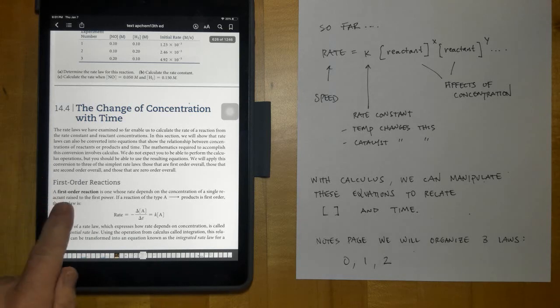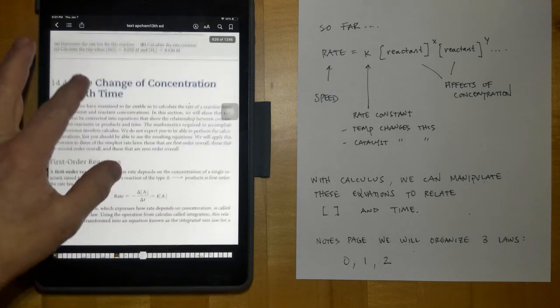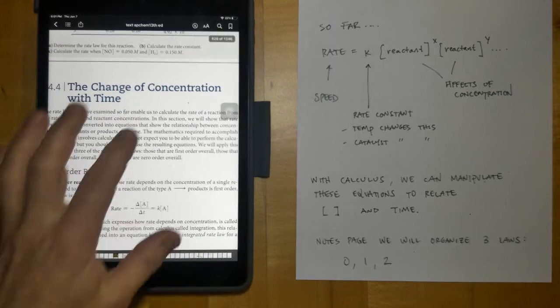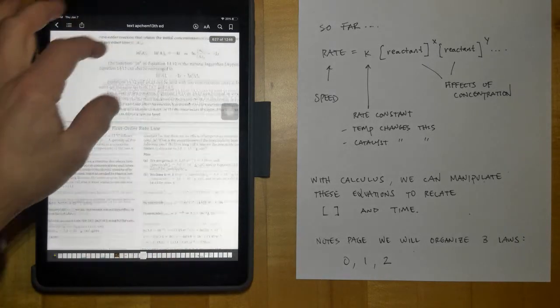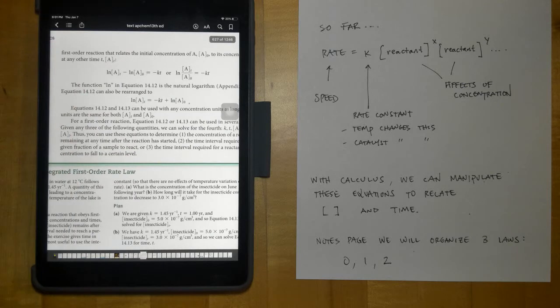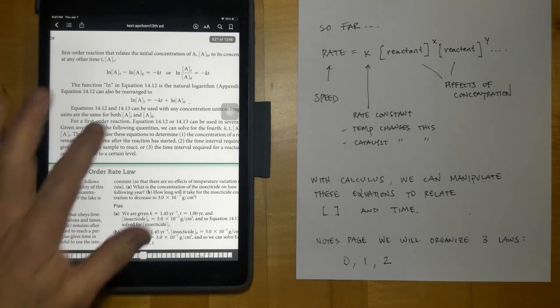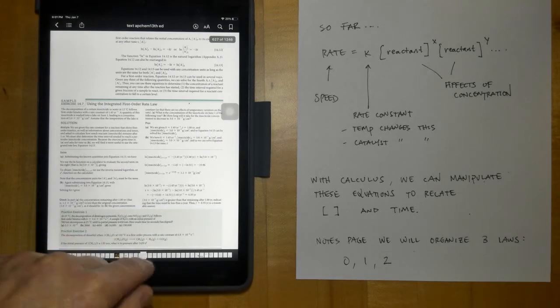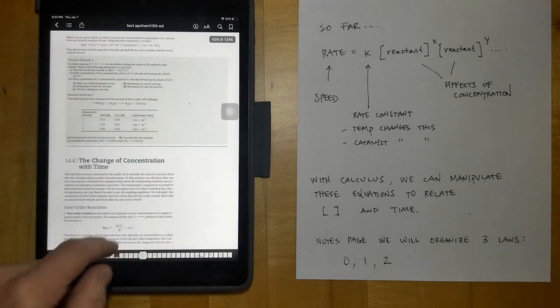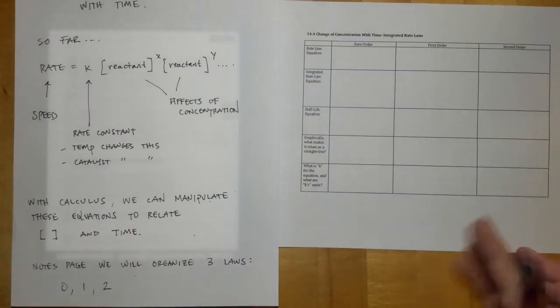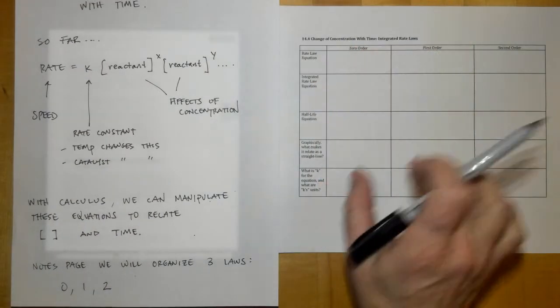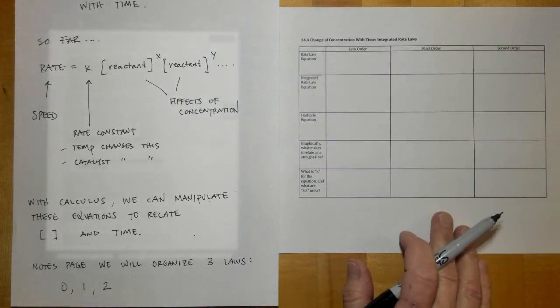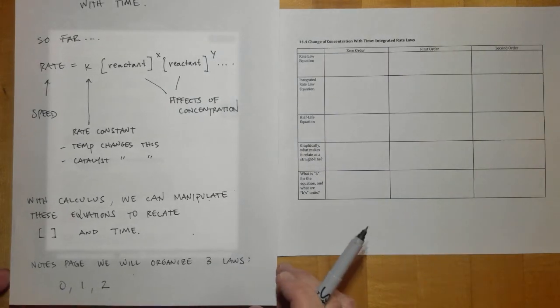So anyway, your book talks about first order reactions, and it actually goes through a little bit of the derivation right here. And for you calculus folks, you can see that it does a tiny bit of it right here. And then your textbook talks after that about second order and zeroth orders. I've organized them for you in a sheet right here, and we're going to take the notes right in each spot to talk about the equations and the relationships for all three.